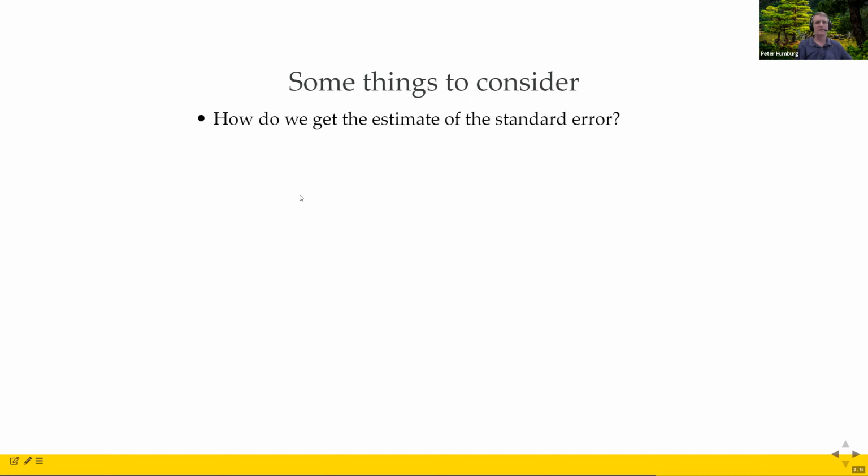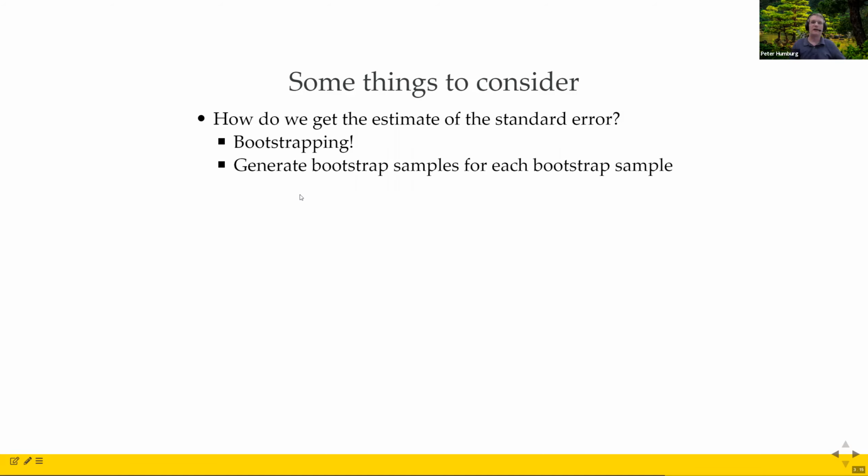And how do we get an estimate for this standard error? Well, bootstrapping, of course. So we can go and for each of our bootstrap samples, right? We create a bootstrap sample, we can calculate the mean of that, that's fine. But then to get an estimate of what the error of that mean is, we need to go and do another round of bootstrapping.